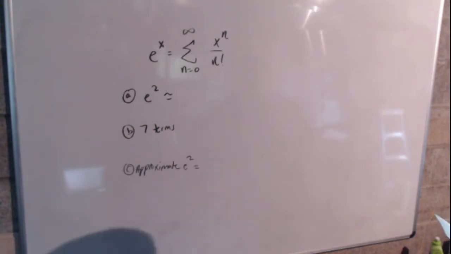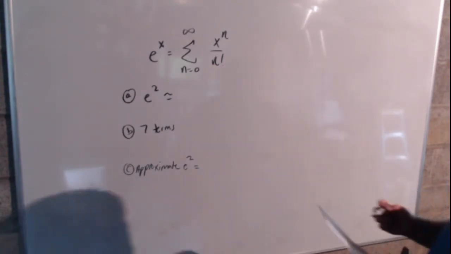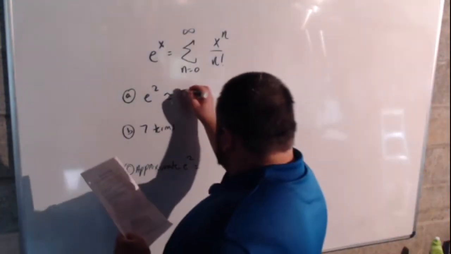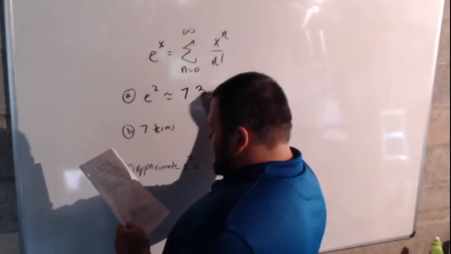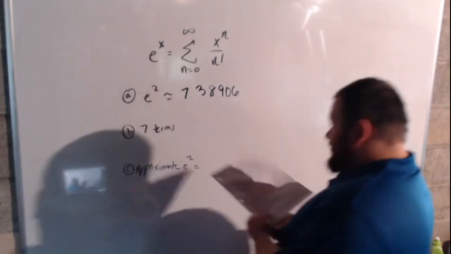And then to prove that this summation is relevant, use 7 terms from the sum and approximate e squared. So e squared I have here, and check my calculation, is 7.38906. And that's just plugging in the calculator.